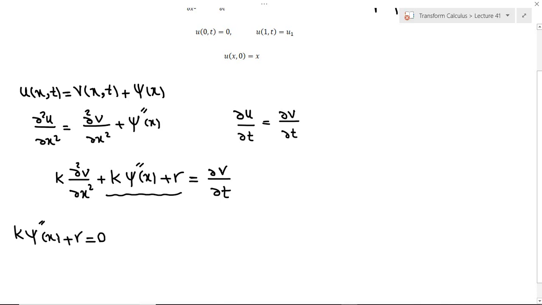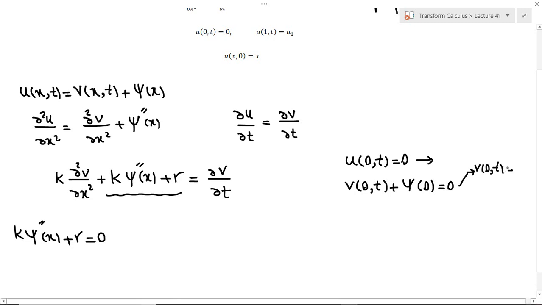We have two boundary conditions, so u of 0 and t is equal to 0. As a result, v of 0 and t plus psi 0 is equal to 0. So I assume v of 0 and t is equal to 0, and psi 0 is equal to 0 as well.